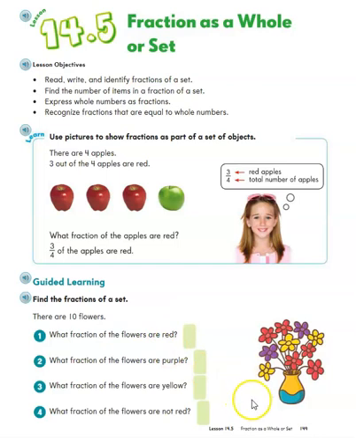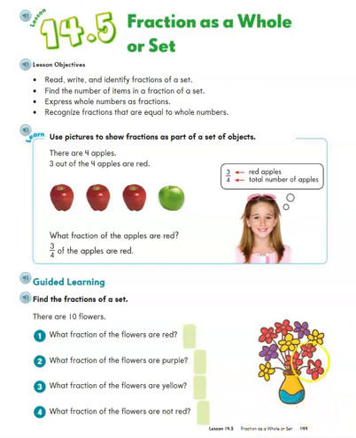Okay, so now let's look at these lovely flowers down here at the bottom. It says there are 10 flowers. We can always double check that to make sure. 1, 2, 3, 4, 5, 6, 7, 8, 9, 10. There are definitely 10 flowers. So number 1 is asking us what fraction of the flowers are red.